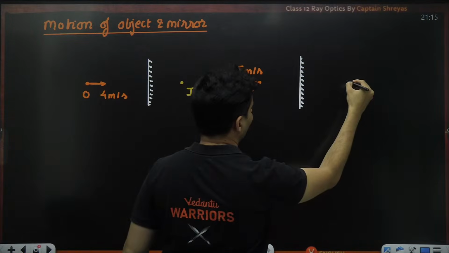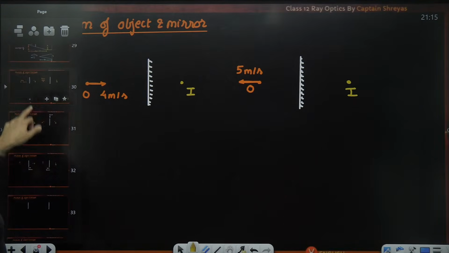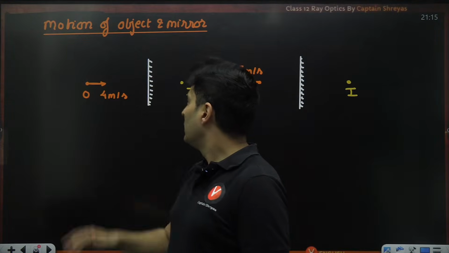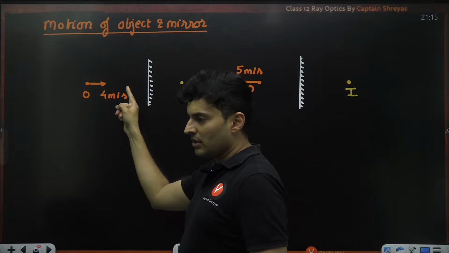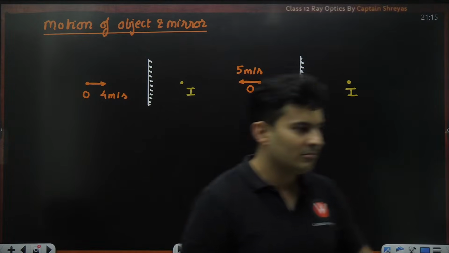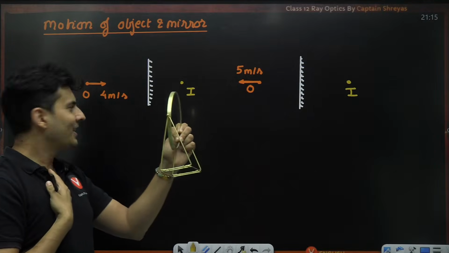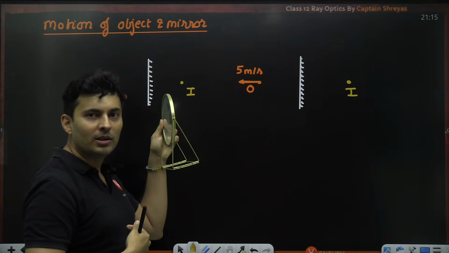Let's try to figure it out in every single scenario using simple logic. Okay, let's understand. Mirror is at rest. Object moves closer. Imagine, just think, guys. There is this mirror. I am the object. Okay, this mirror is here, like this. And I am coming closer to the mirror.